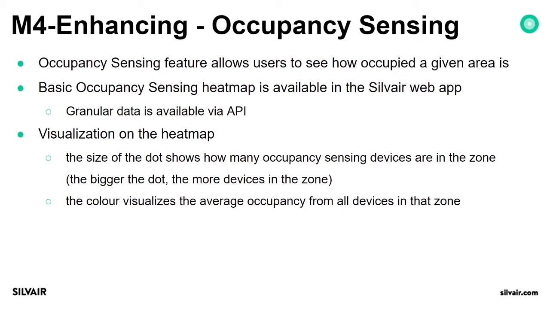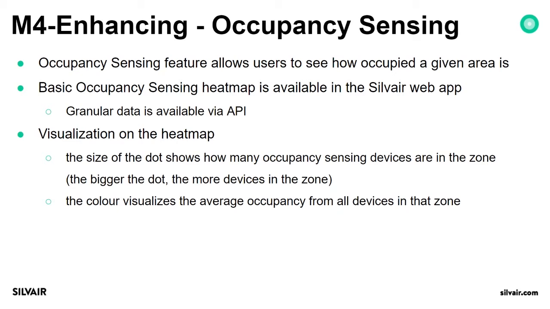Occupancy sensing feature allows users to see how occupied a given area is. Basic occupancy sensing heat map is available in the Silvair web app, and the granular data is available via API.